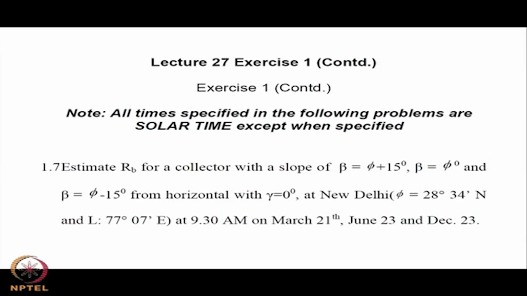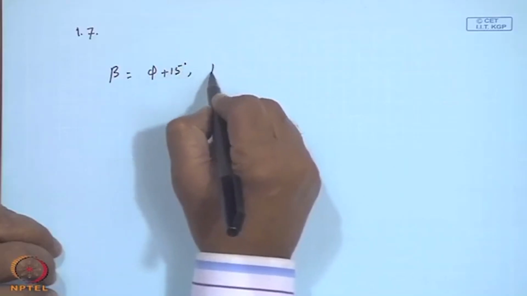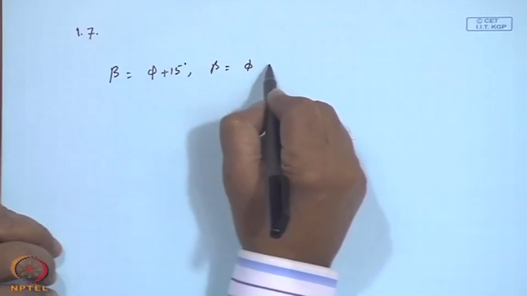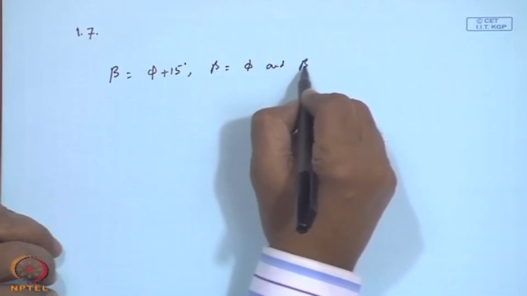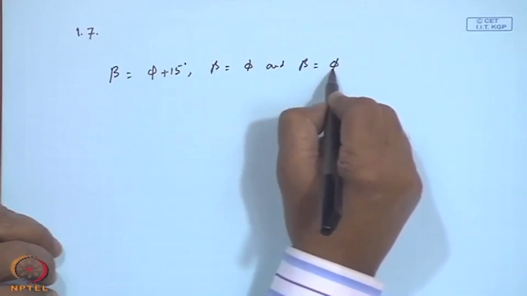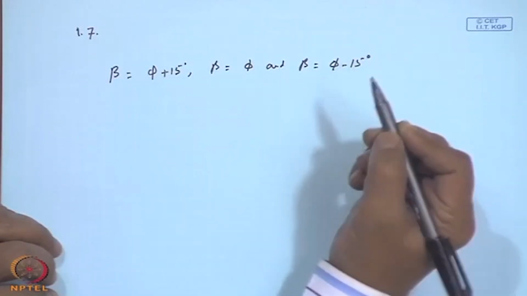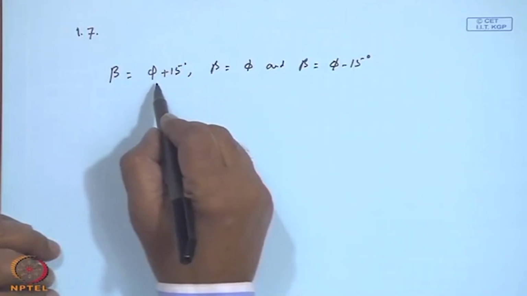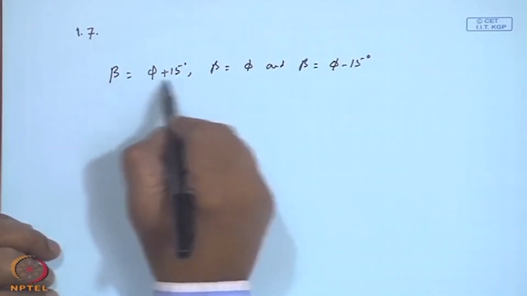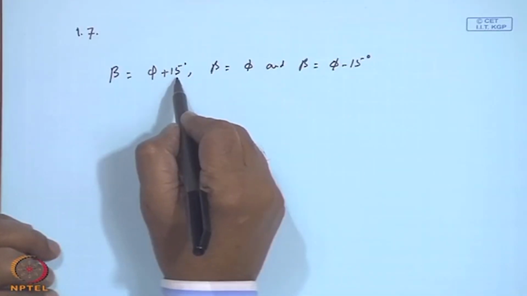In general we want beta equal to phi plus 15 degrees, beta equal to phi, and beta equal to phi minus 15 degrees. So, the slope is phi plus 15 degrees.